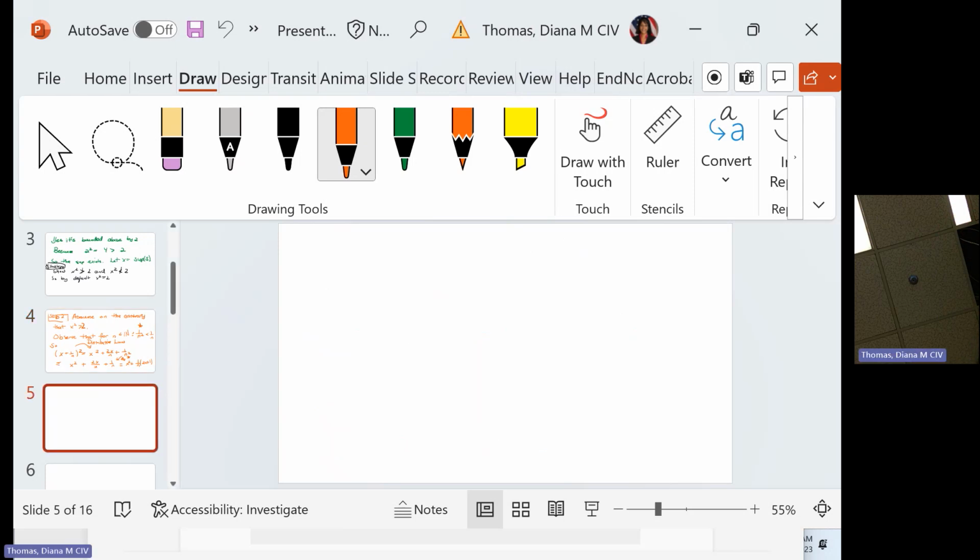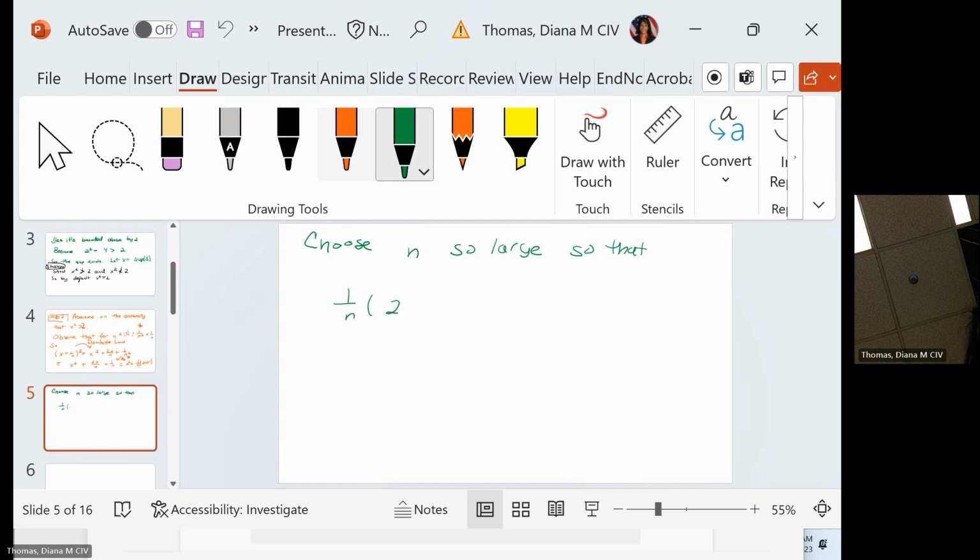I'm going to choose n large enough. This guy here is bigger than 0 because 2 minus x squared is bigger than 0. Let me do a little bit more math here.